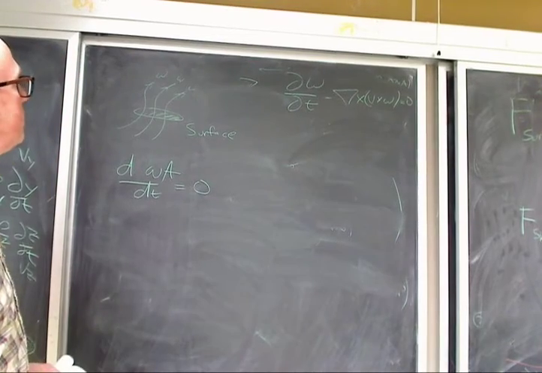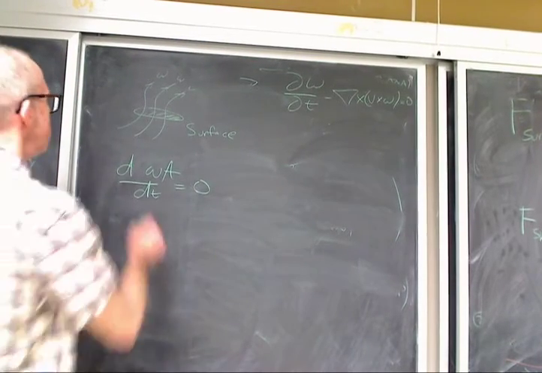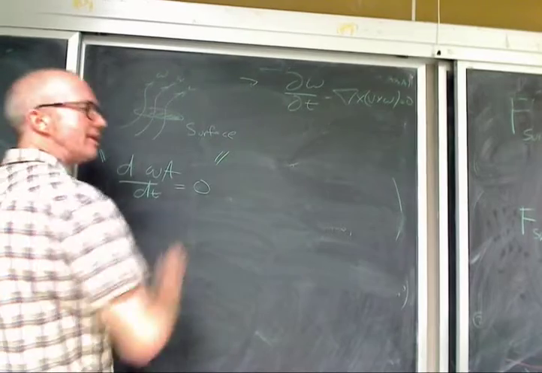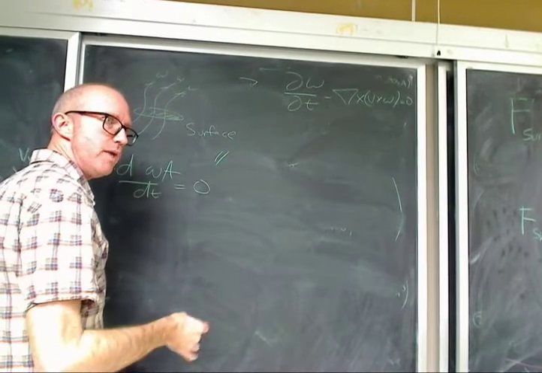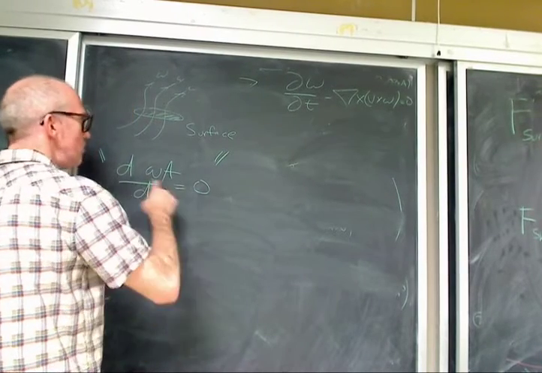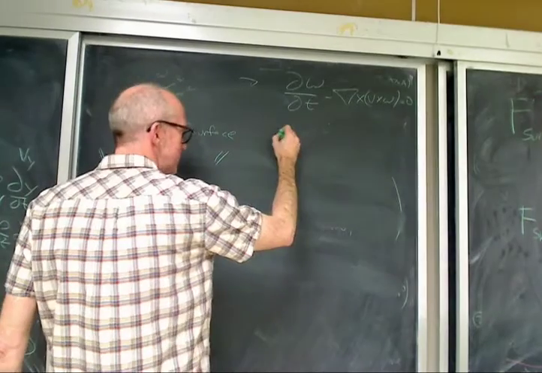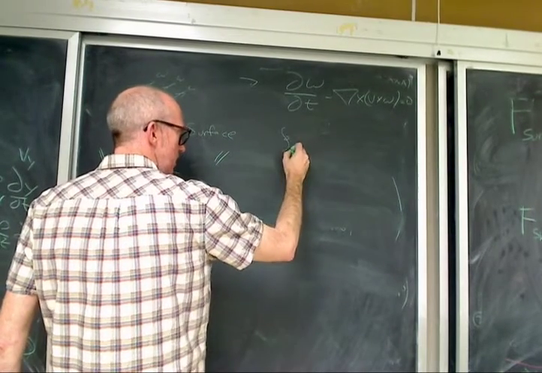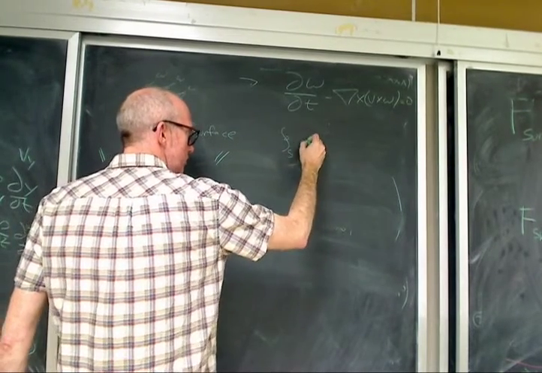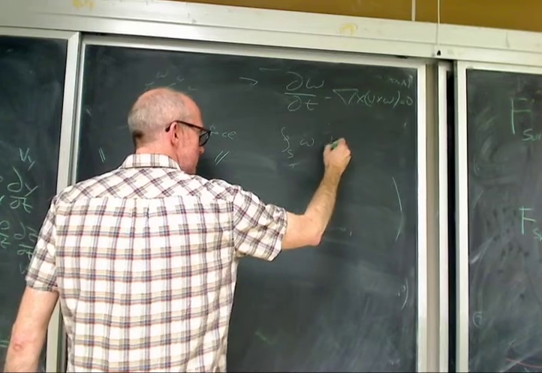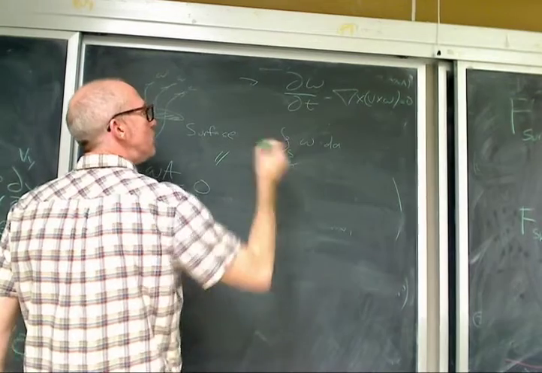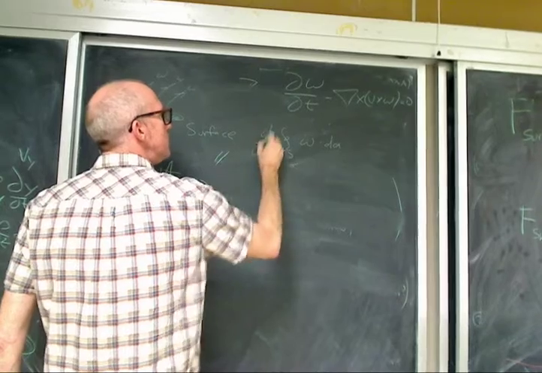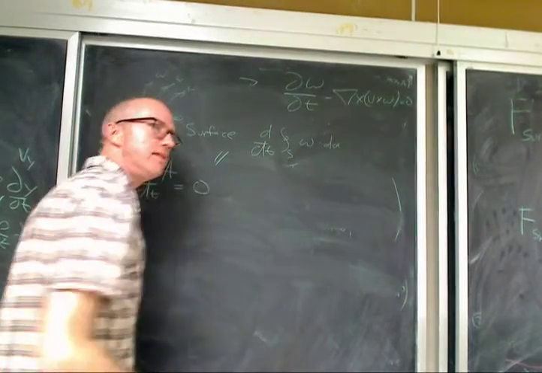So let's write this down. I'm going to put quotes around this because it's not really true. This is true by waving your hands around it. What do I actually mean by this? Omega times A is the integral along the surface of omega dot dA, and we want to know what d by dt of this is.